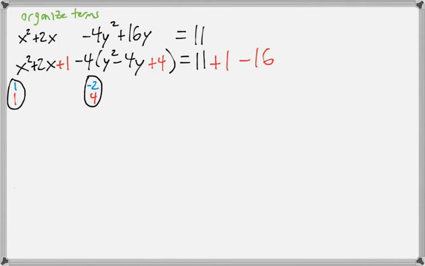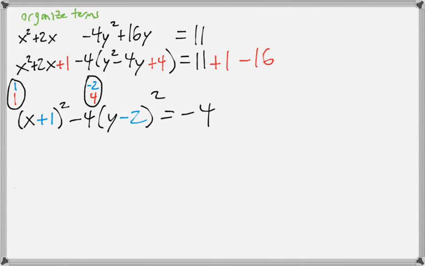So if we finish with completing the square, these factor as perfect square trinomials, and we'll see those first numbers that we wrote down. So this is x plus 1 squared minus 4 times y minus 2 squared, and that's equal to -4. So that must be a 1 to be in the right form.